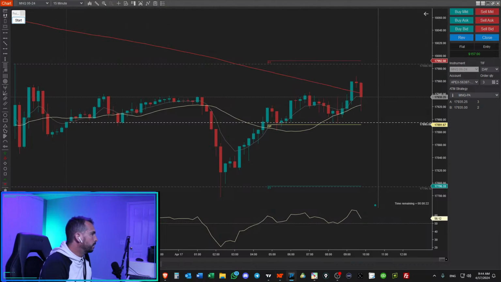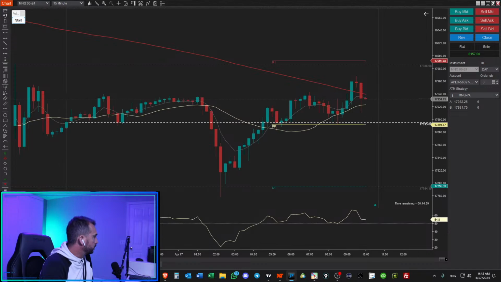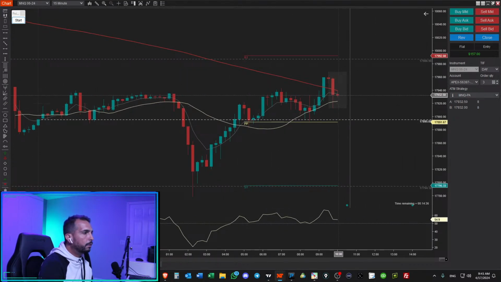That would be the range. So the 15-minute break, the opening range, will be that.